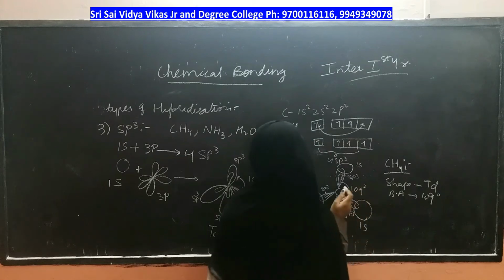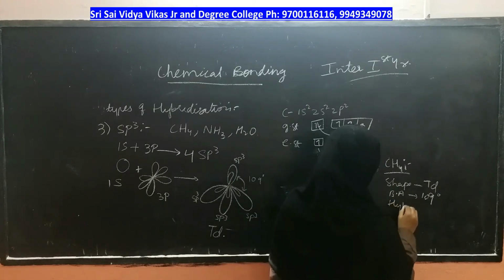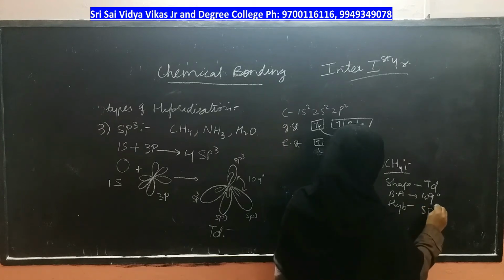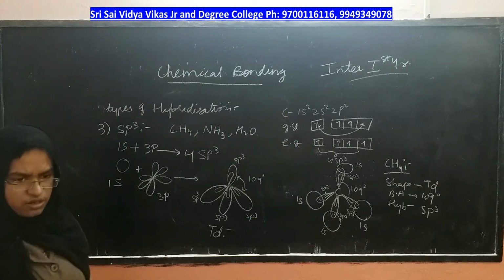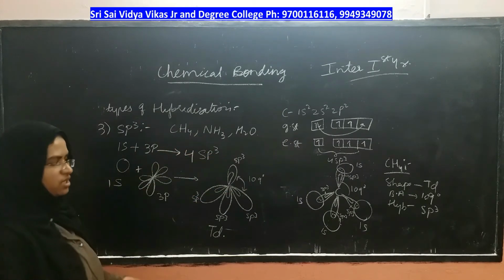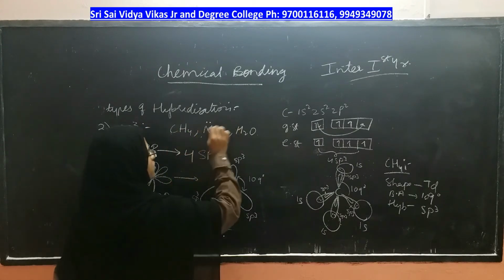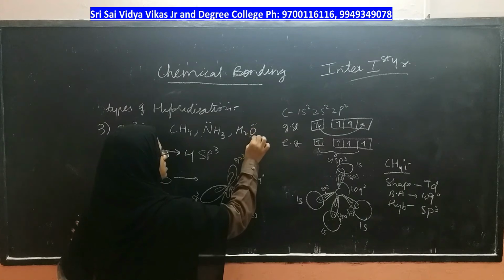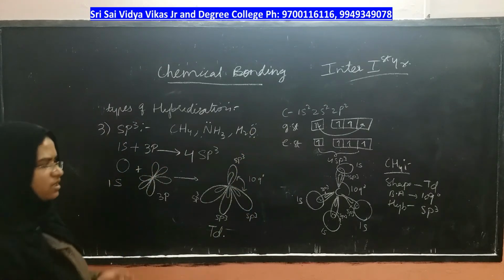Bond angle is over, shape is over, and hybridization sp3, right? The same will be shown for ammonia as well as water, okay? But the difference is carbon doesn't have any lone pair, ammonia has 1 lone pair and water has 2 lone pairs, right? Now shall we go for the next hybridization? Let us do so.